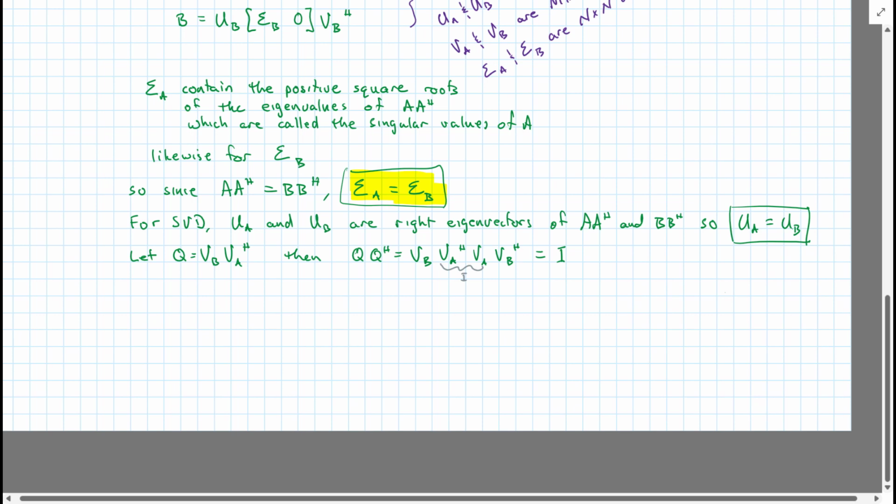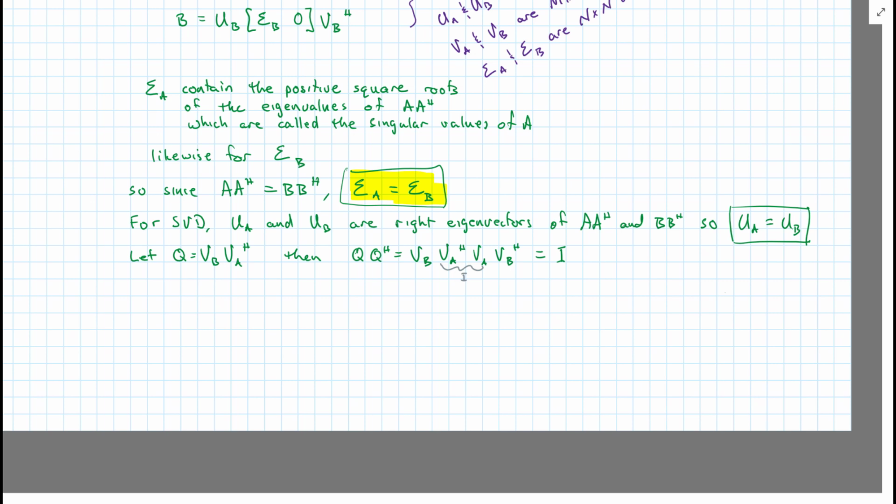And since VA is unitary, the inner product there is going to be the identity matrix, leaving just VB times VB Hermitian, which is also the identity matrix. And so we see that QQ^H is equal to the identity.